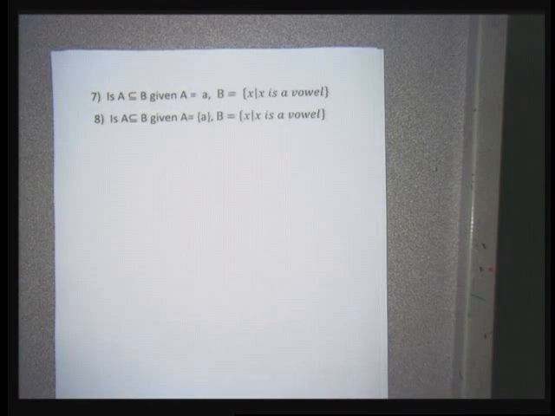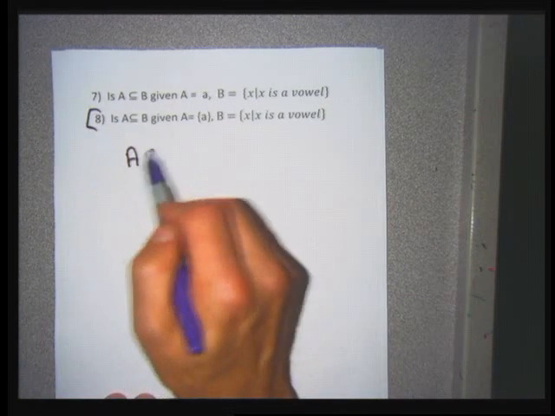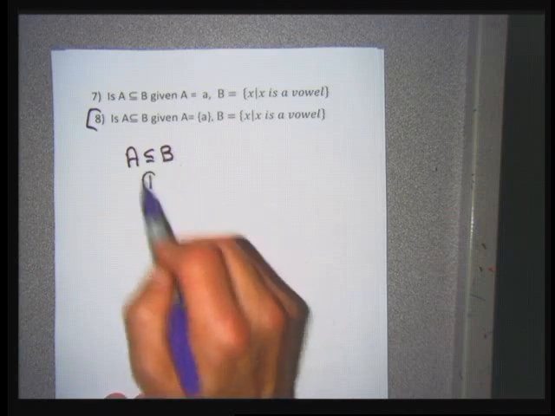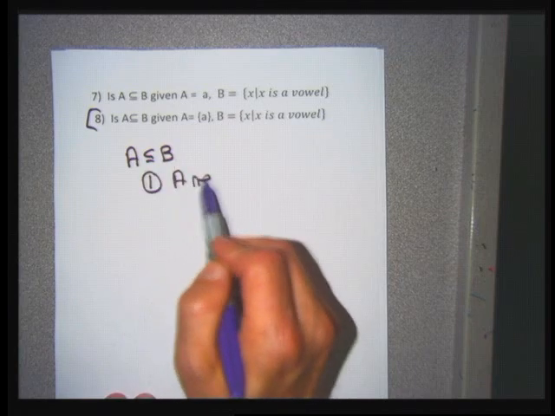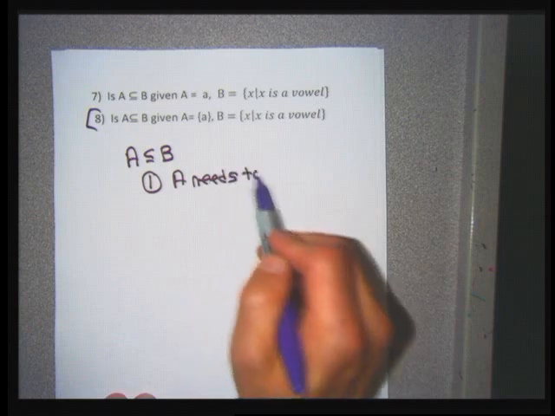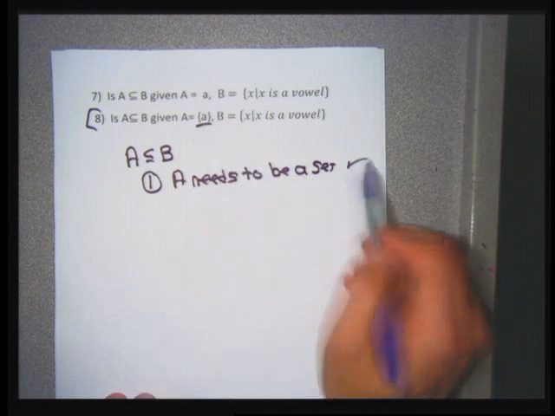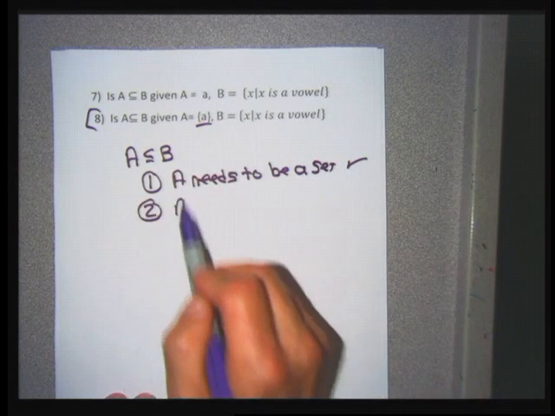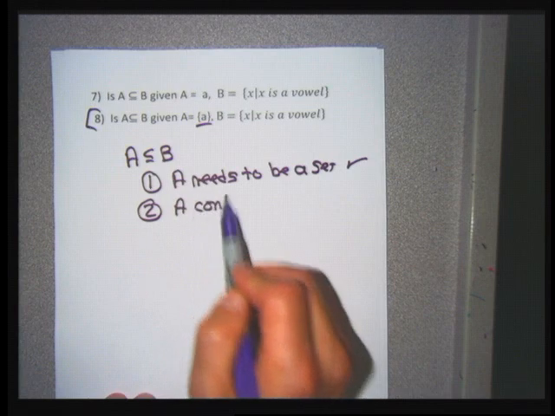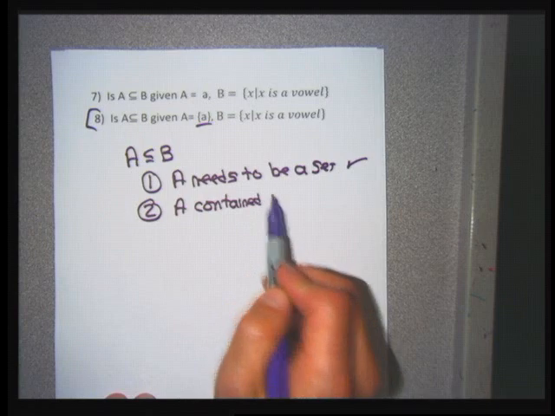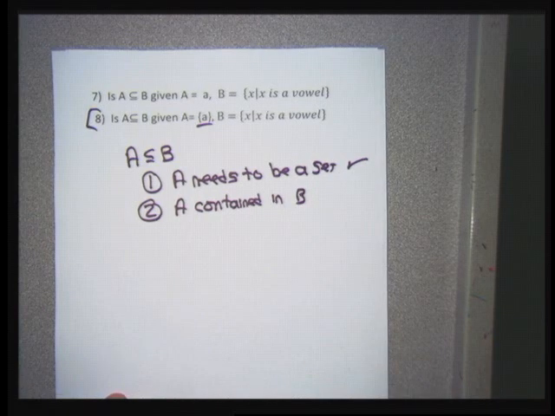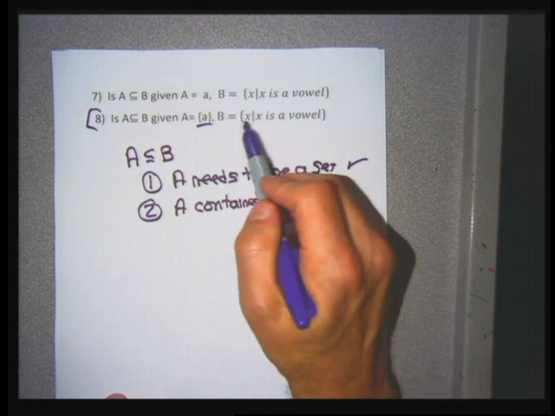Our 7s and 8s are a little bit different, but they're different the same way. So, for question 8, is A a subset of B? Need two things. A has to be a set. A is definitely a set because it's in set notation. Secondly, A has to be contained in B. I look at B, and B is a set of all x such that x is a vowel. So that's not written in roster form.